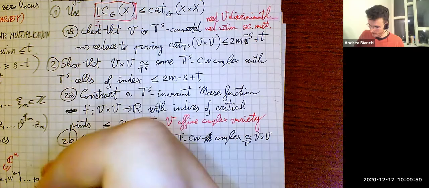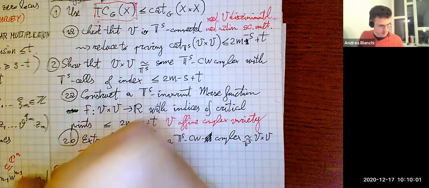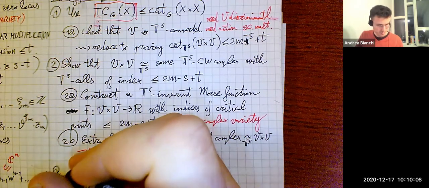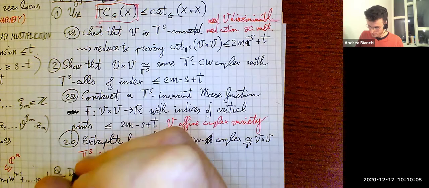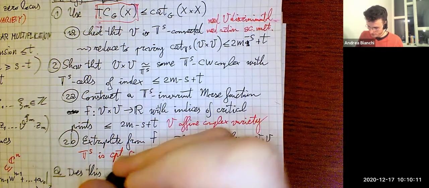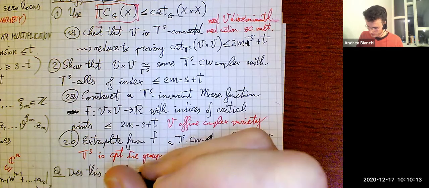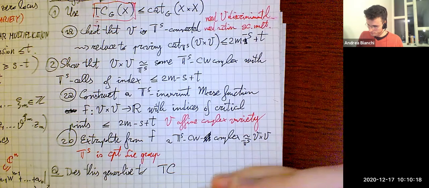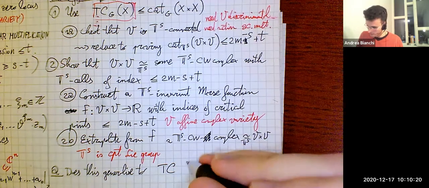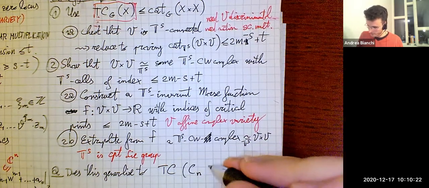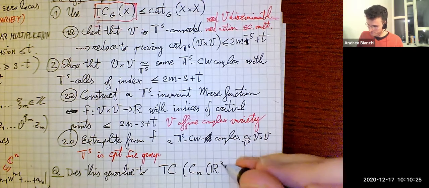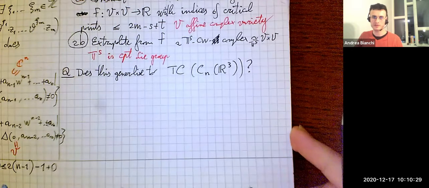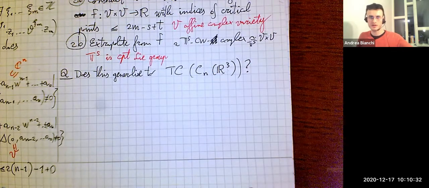Okay, so let me conclude with, well, first question: does this generalize to, let's say, topological complexity of unordered configuration spaces, but in R3? As far as I know, these numbers are not determined yet.